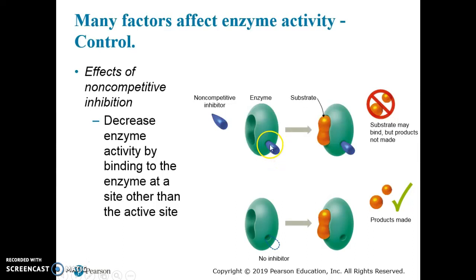And this binding, this attachment, alters the enzyme in some way so that even if the substrate is able to bind in the active site, the products aren't made. Whereas in this case, there's no inhibitor. The enzyme is properly working. The substrate sits into the active site and the products are made.